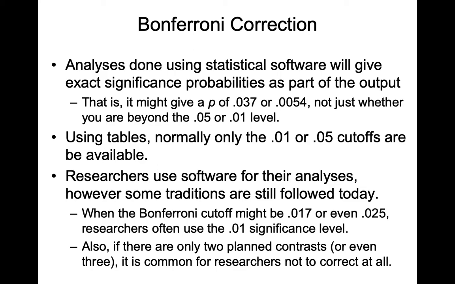If they're after the fact, post hoc, yes, correct, but it's generally accepted that if we're doing planned contrasts, even if we're doing multiple, like 2 or 3, we won't correct. It's only when we start doing 4 or 5 or 6 that it is considered best practice to do a Bonferroni correction.